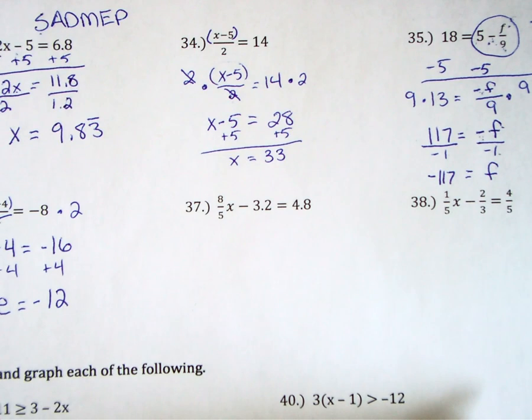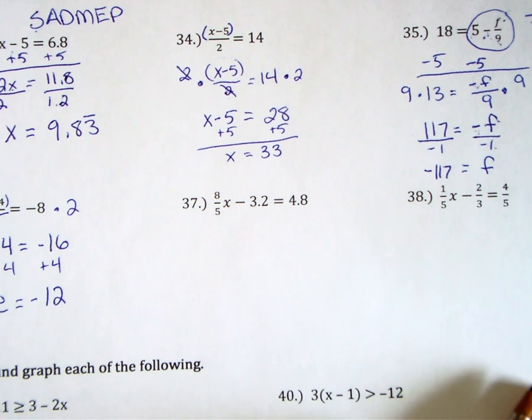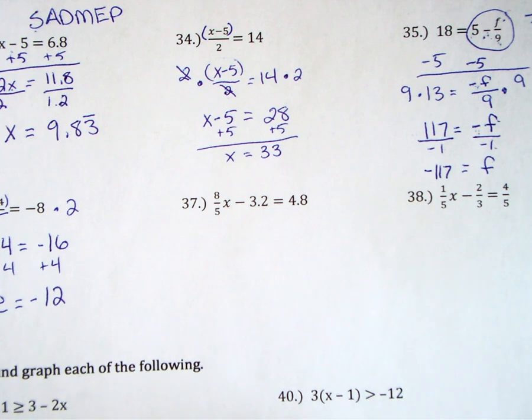Number 37. All right, number 37. We got fractions and decimals. Generally not preferred to deal with fractions and decimals. I prefer for you to deal with one or the other.